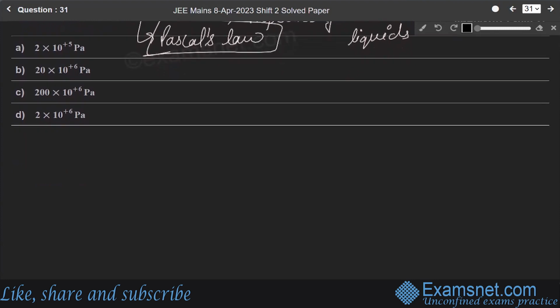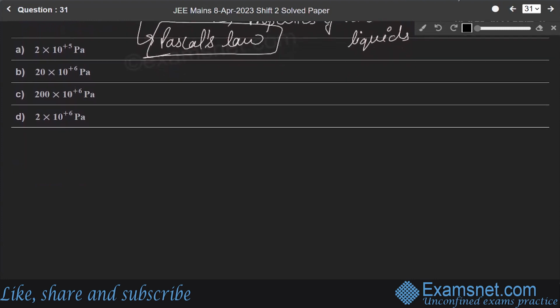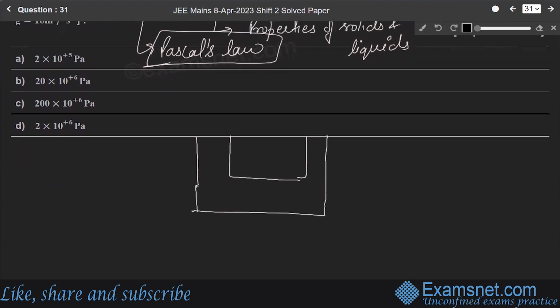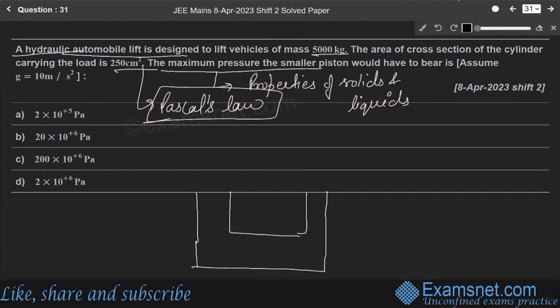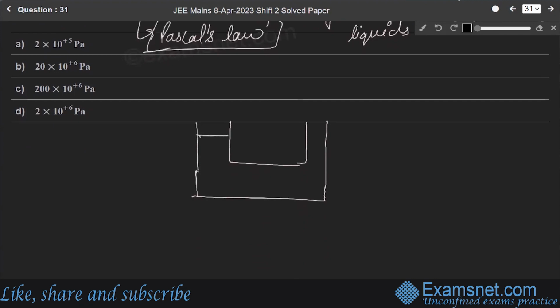Let us say this is our hydraulic lift, and it is designed to lift a vehicle of 5000 kg. Let us say this is a piston, this is also a piston, and it is having a mass of 5000 kg.